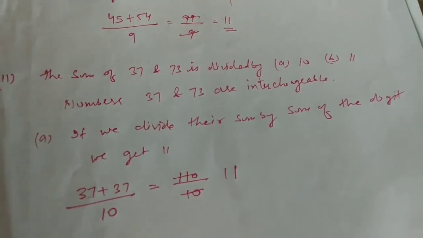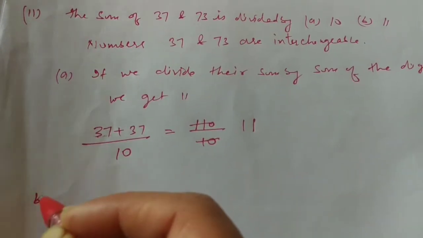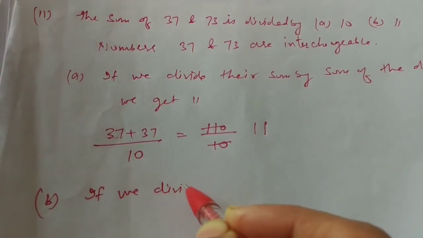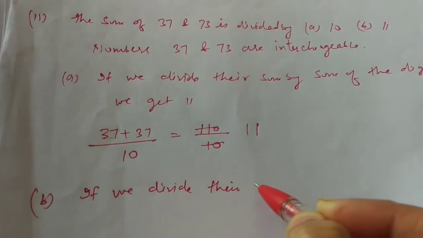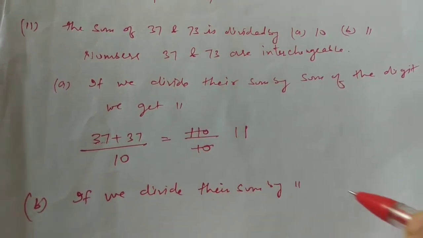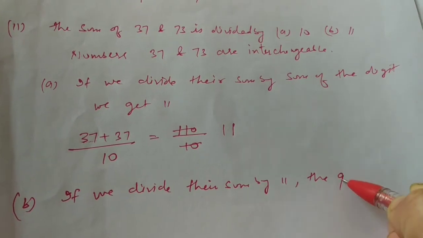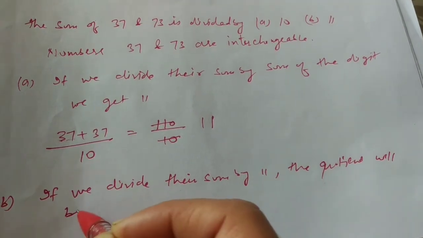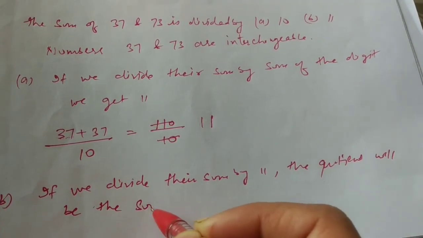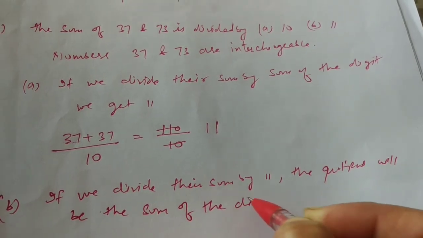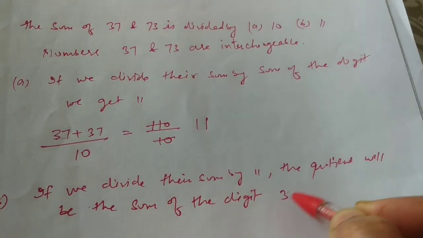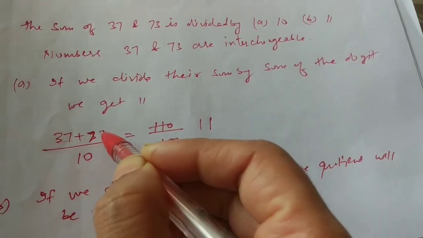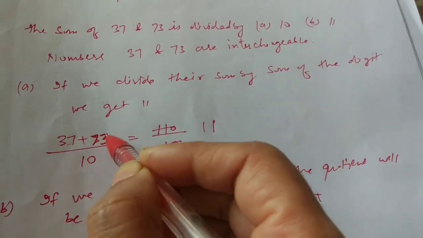Now come to part B. In part B we will write, if we divide their sum by 11, the quotient will be the sum of the digits. Now see, 37 and 73.